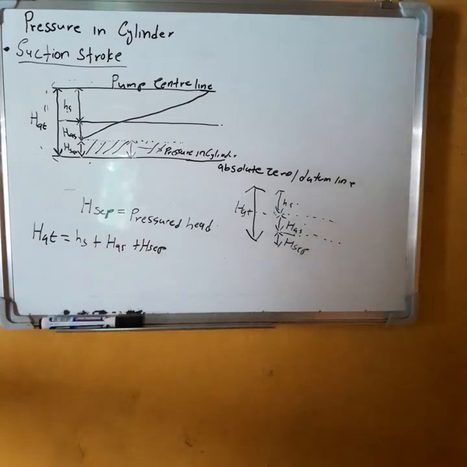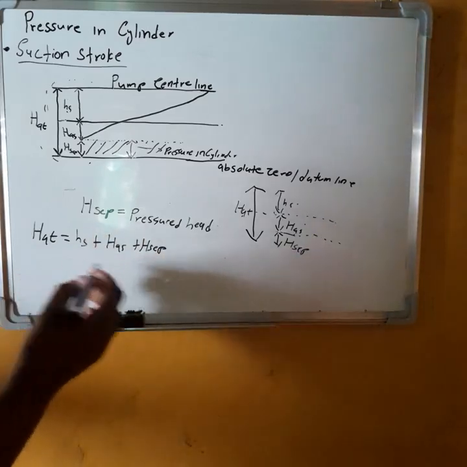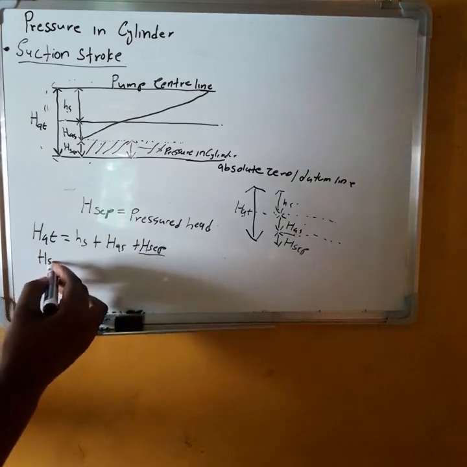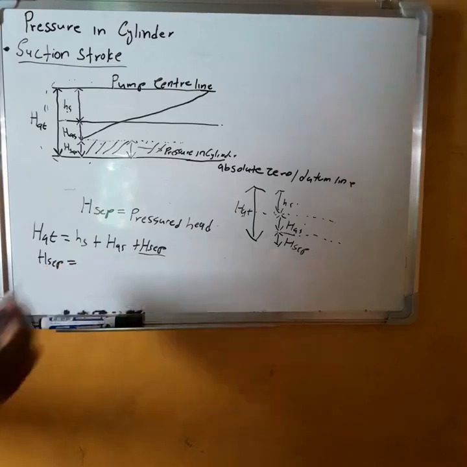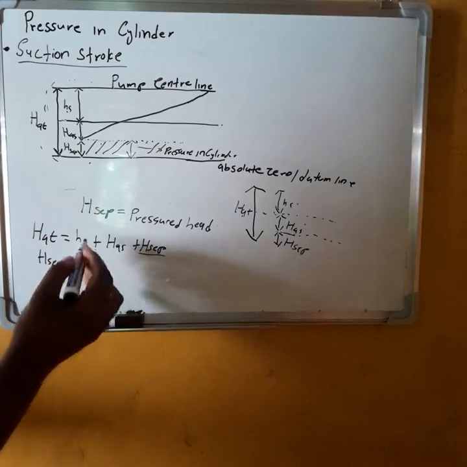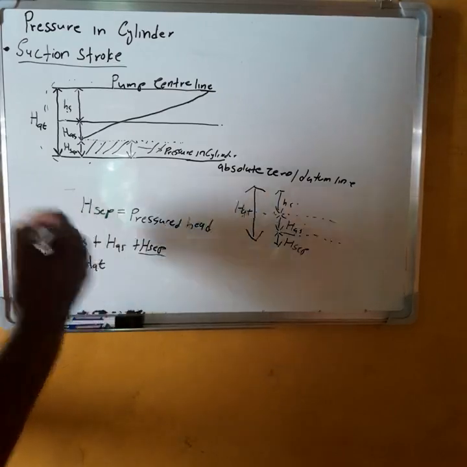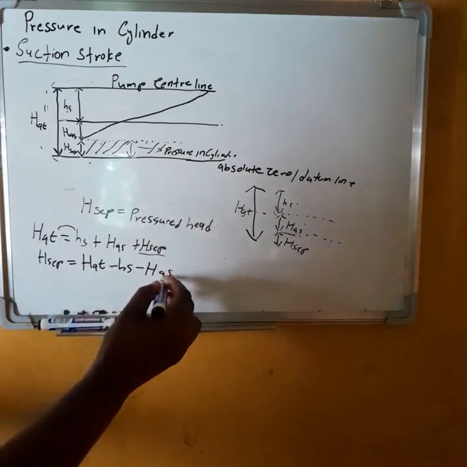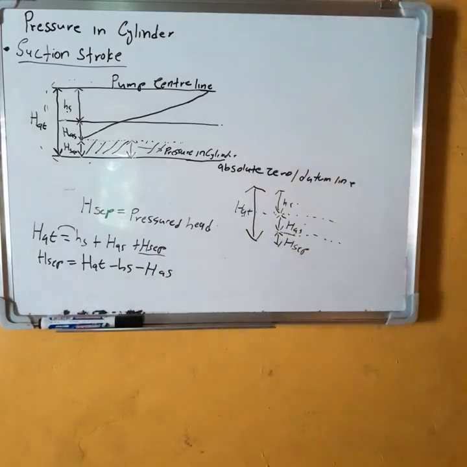So now, if we want to make H separation the subject of the formula, look, I want to make this the subject of the formula, H sep, right? This will be equal to H80. You subtract all this, and when you transpose, you will subtract HS minus HAS. So you see how we came about this formula.